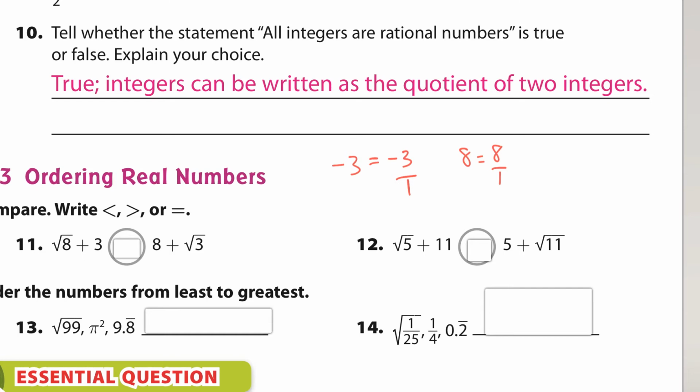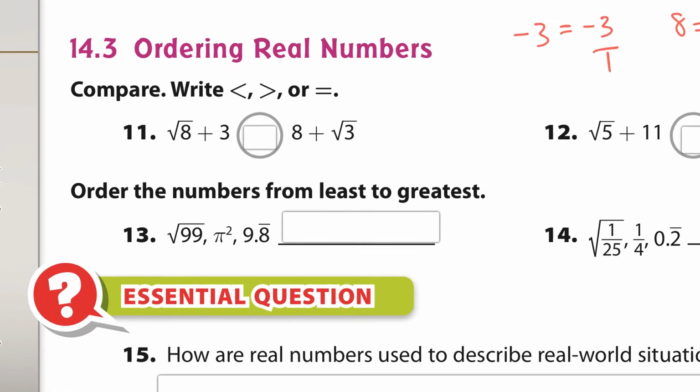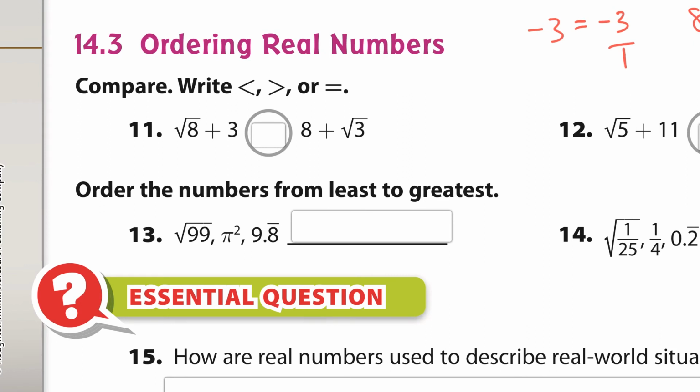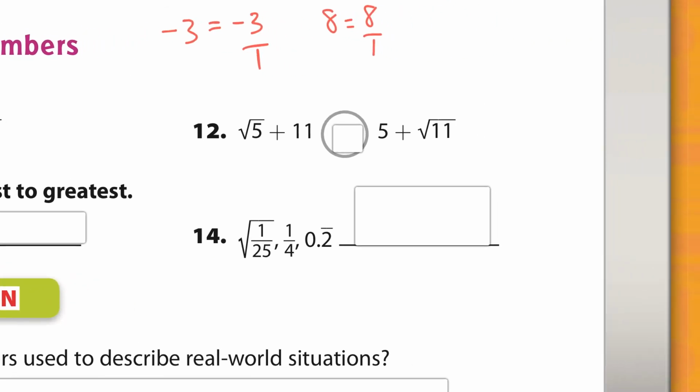Okay, next we are figuring out which one's bigger. We're ordering those real numbers, and well, this one, you start with 3 here and you start with 8 there, and this one's going to be bigger easily. So it's to the right. And then this one, this is too easy.